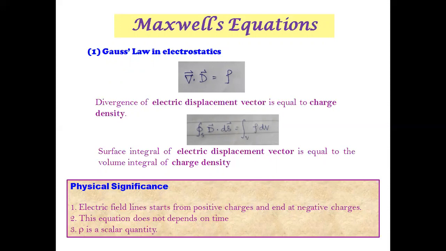The physical significance of Gauss's law of electrostatics is that the electric field lines start from positive charges and end at negative charges. This is the first thing. Secondly, this equation does not depend on time, and the charge density is a scalar quantity because it is a divergence.